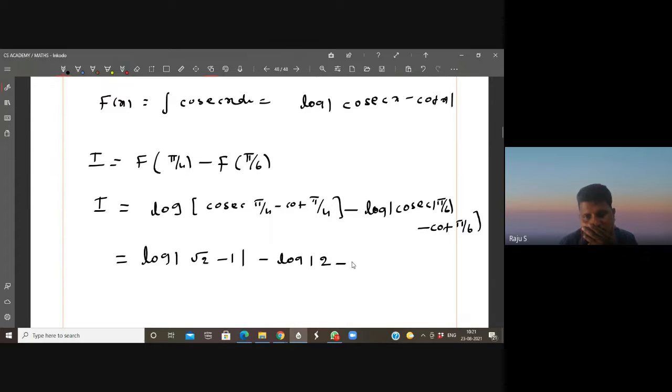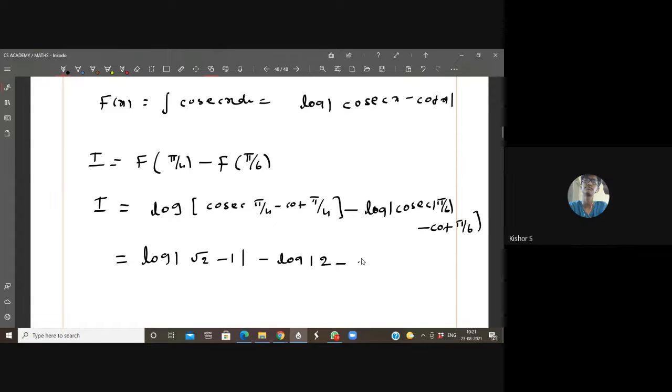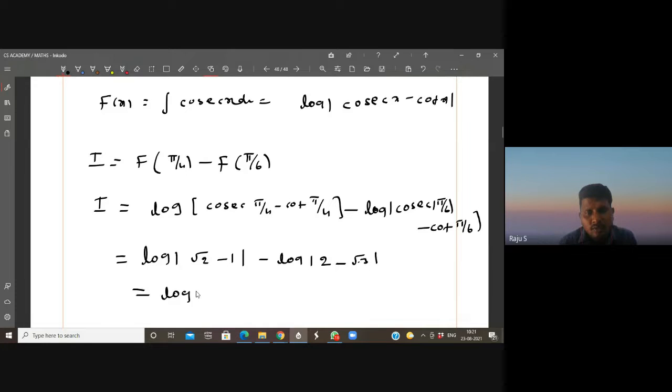Students, cot 30. Is it root 3? Yes, root 3. Okay, so this is like log a minus log b: root 2 minus 1 by 2 minus root 3. That's all. Got it, students?